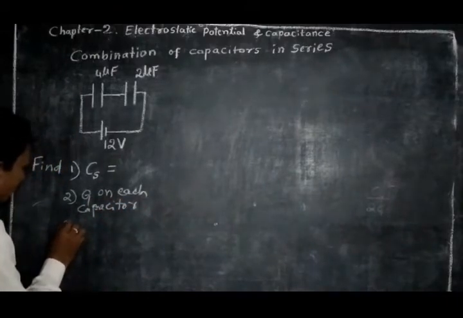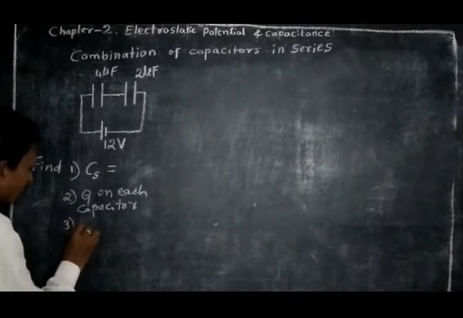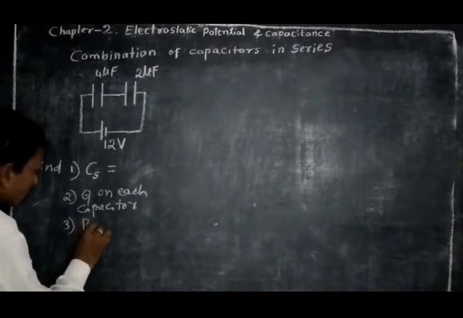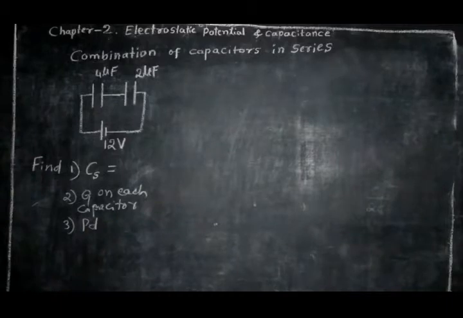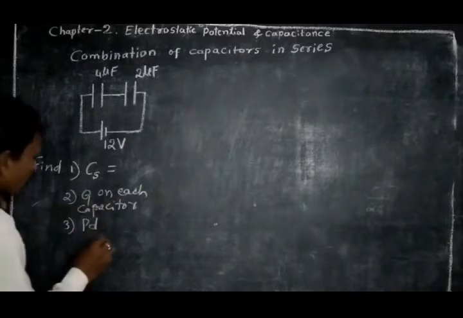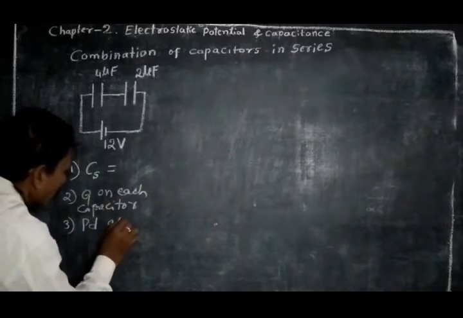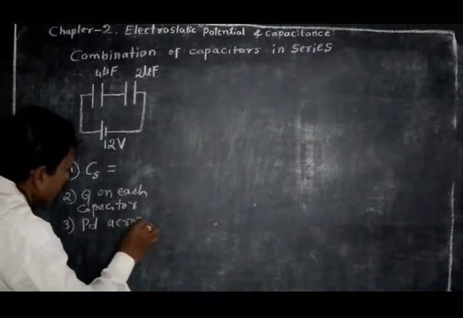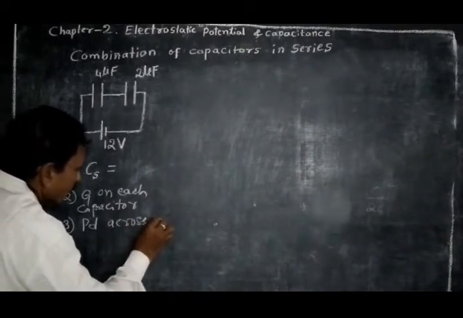Number 3, potential difference, or phi1 and phi2, across each capacitor.